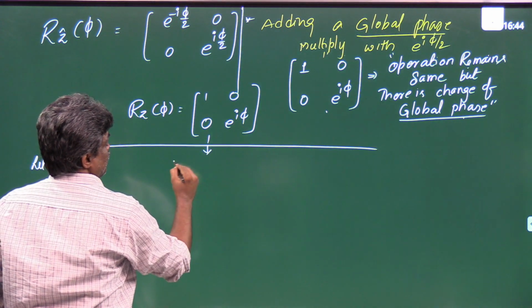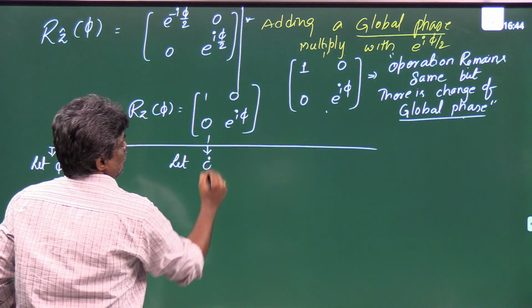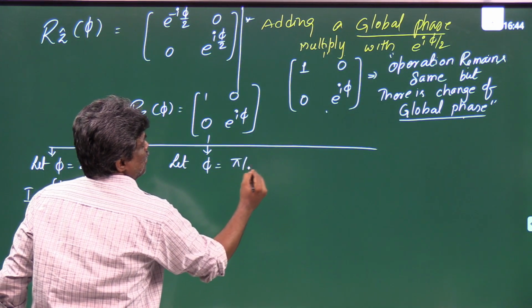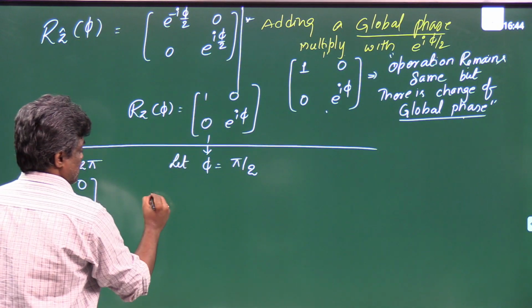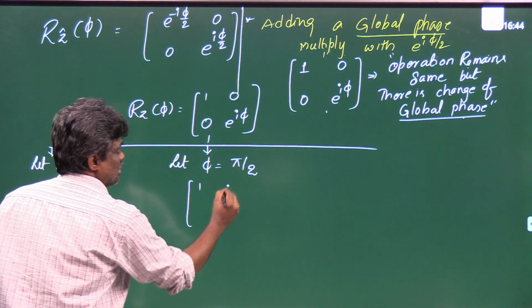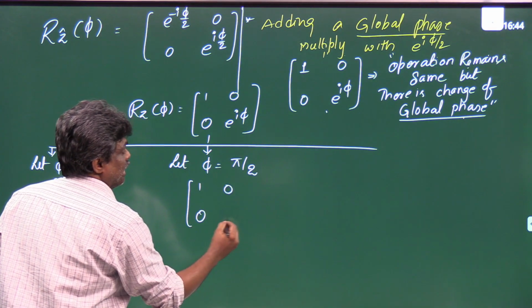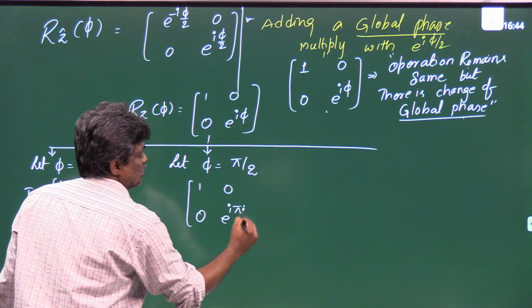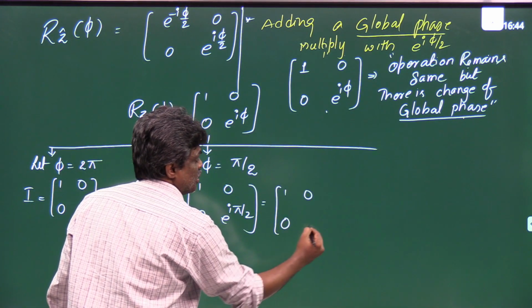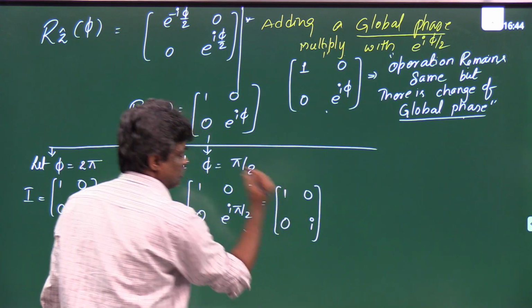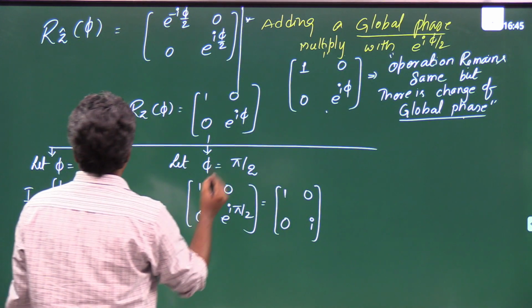Next, second one. Let phi be equal to pi by 2. Then we get 1, 0, 0, e raised to i pi by 2, which you can write as 1, 0, 0, i. This is called the S gate.